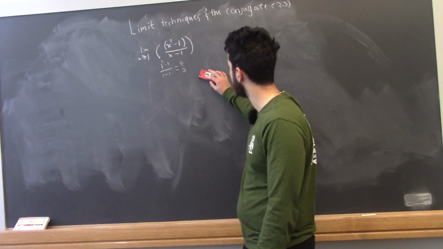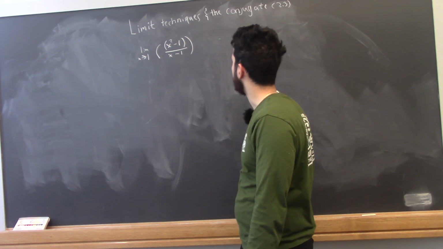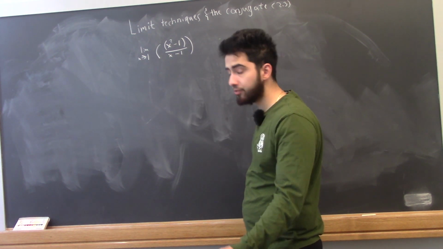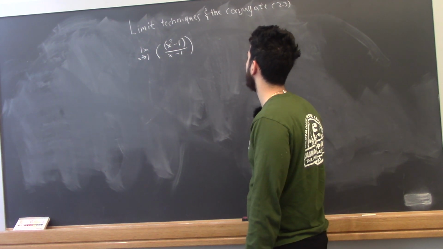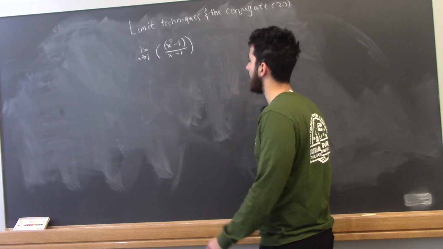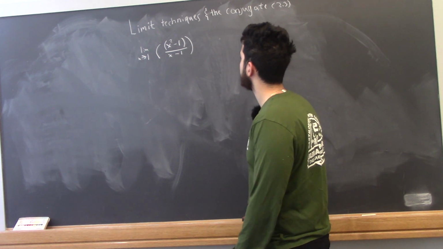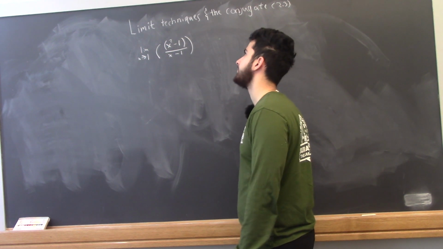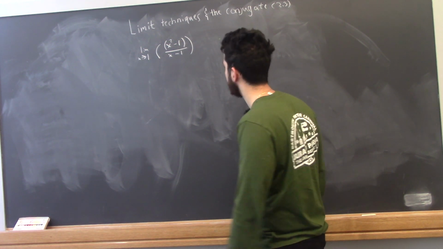Well, the issue is that we're dividing by 0, right? Let's see if we can use algebra to simplify our limit. Okay, well, we can't really do anything to the bottom. It's just going to be x minus 1. And we have x squared minus 1 on the top. Let's think. We can factor that, right?